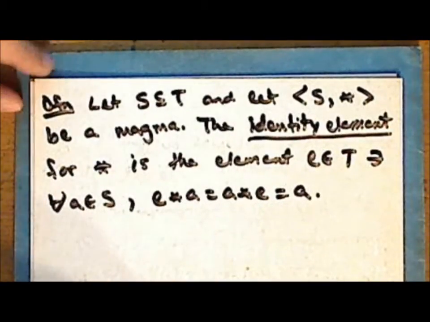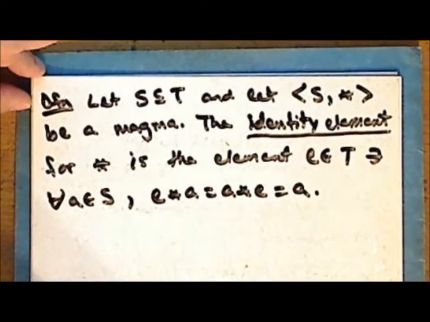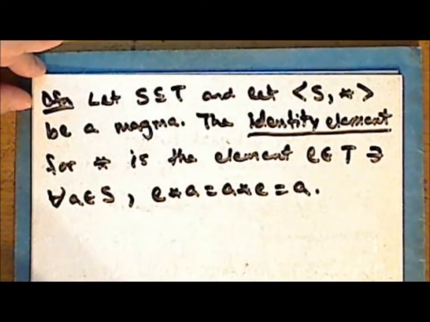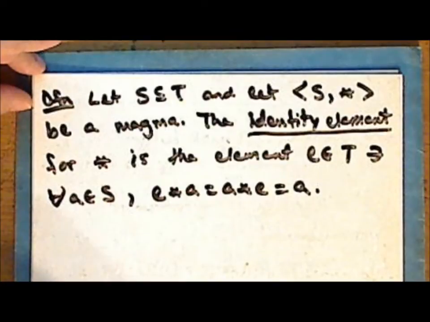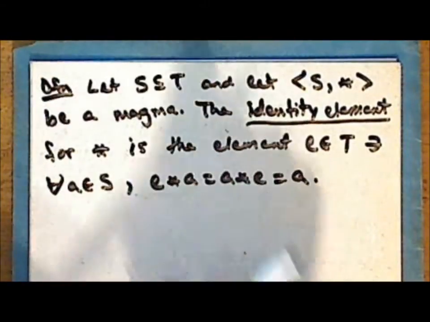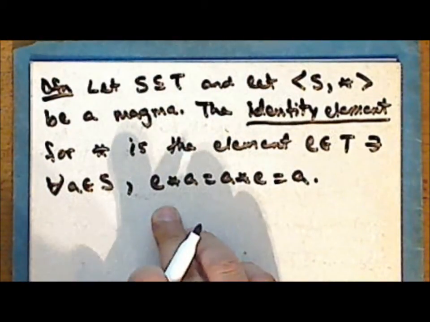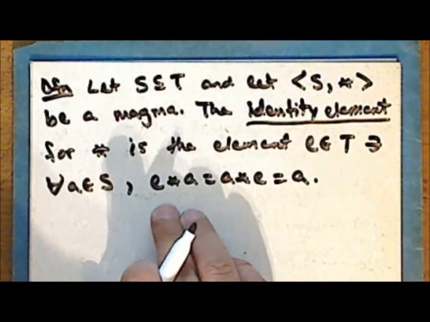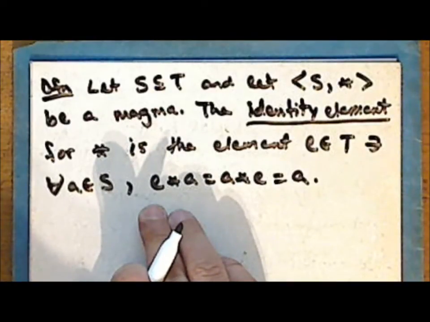So notice that the identity element is dependent upon the operation, that a magma may or may not contain the identity element, and that performing an operation with the identity element is commutative.